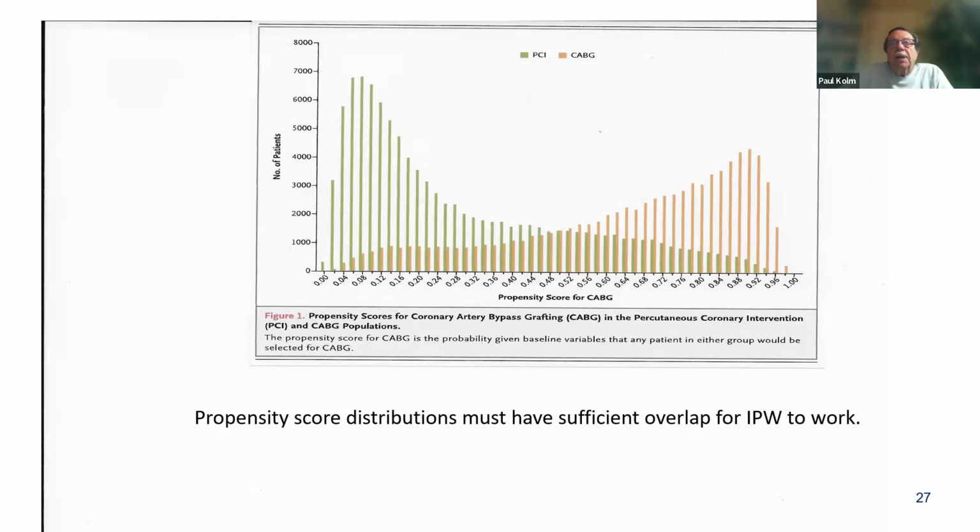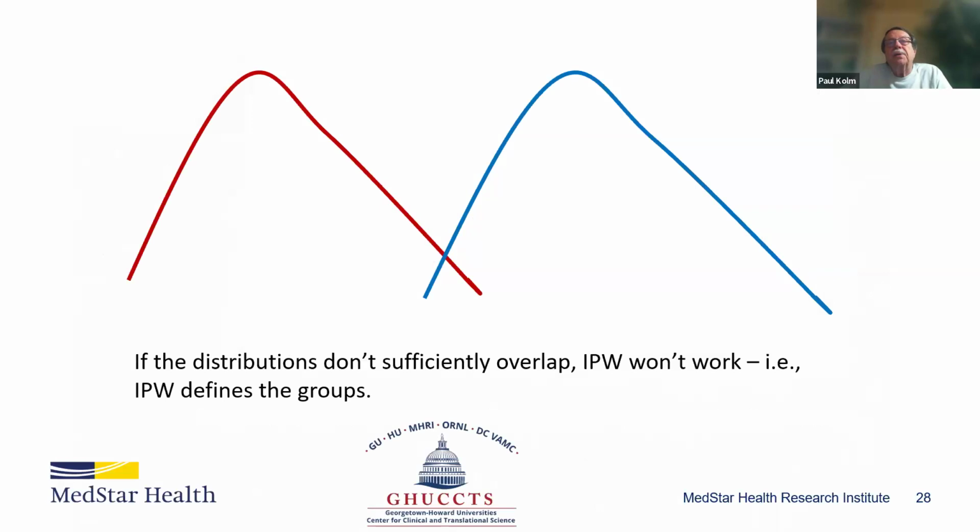Well, we need to have the overlap so that there is a possibility of being in the same treatment group. If you have distributions that don't overlap, then IPW is not going to work, because in that case the inverse probability actually defines the groups. That's why we have to have an overlap in the distribution of the propensity scores.